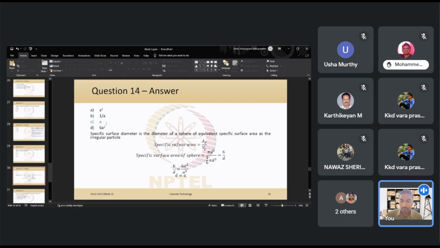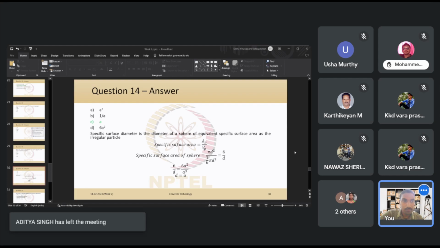That's why option C is correct. Any doubts why it is a? We are not talking about the area of this cubical particle, in which case it would be 6a squared. We are talking about the specific surface diameter, so it has to do with an equivalent sphere. Is it clear? Any questions?